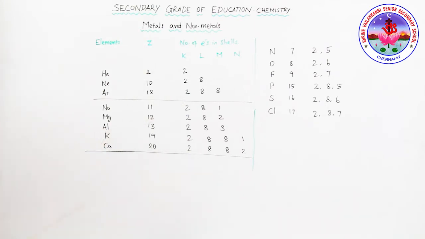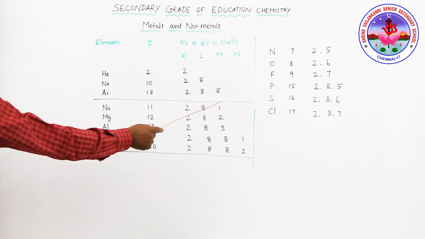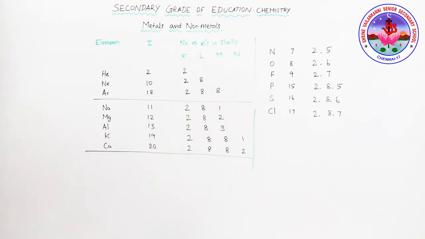So it has a net positive charge, giving us a sodium cation. That is why sodium has a positive charge: 2, 8 and no outer electron, so it has a net positive charge.